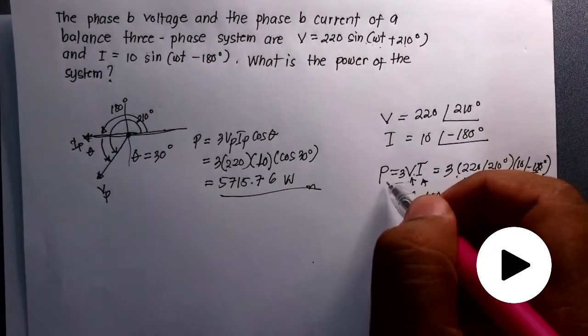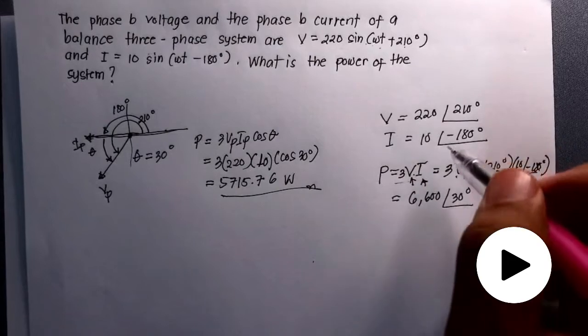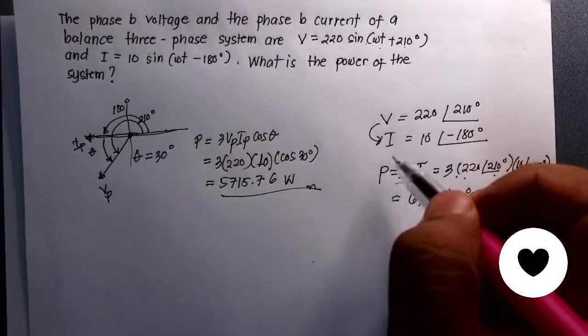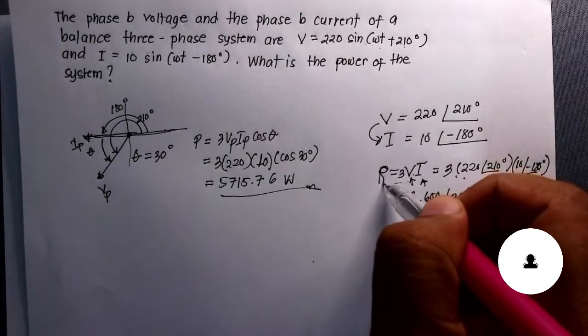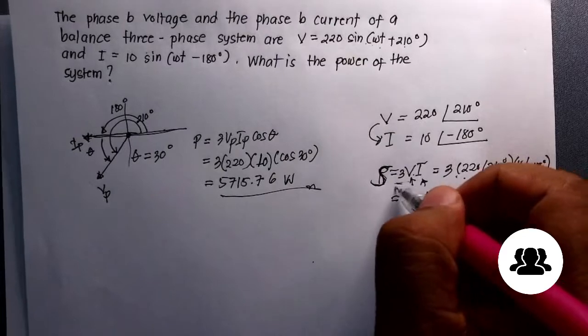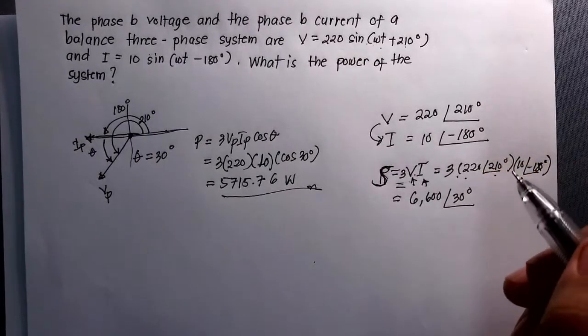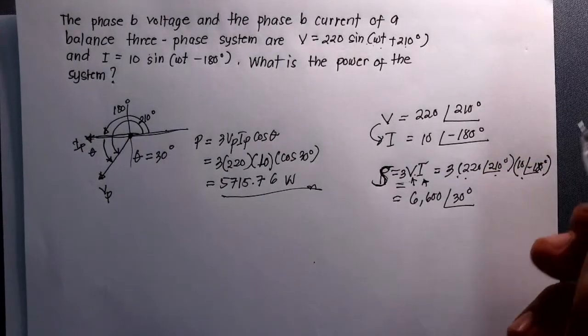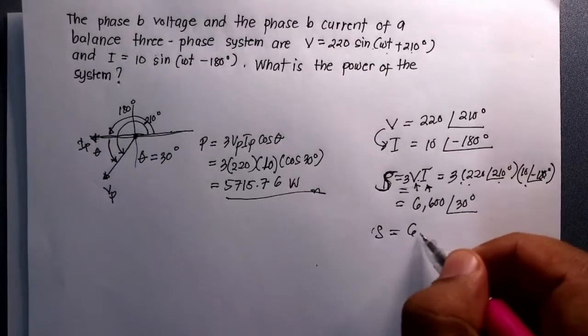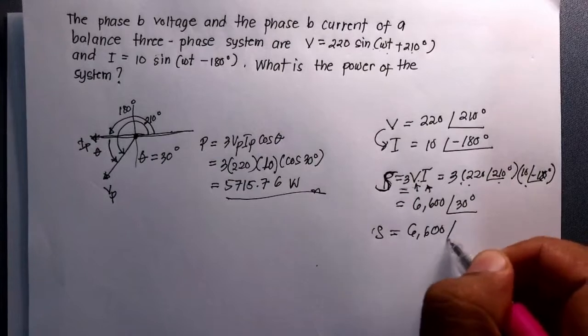Actually, the power from simply multiplying this is the apparent power S, which is 3 times V and I. So therefore, the value for our apparent power is 6,600 cis of 30 degrees.